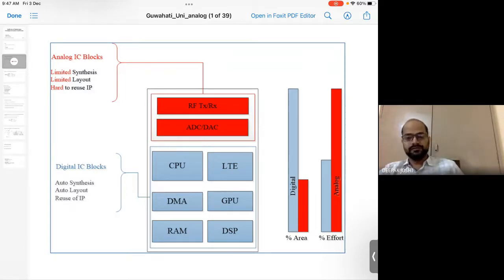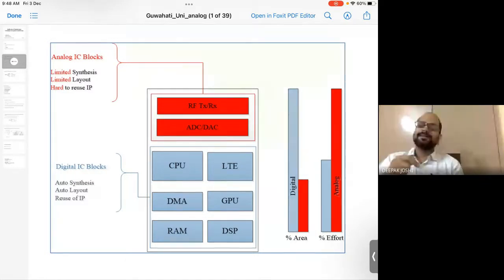So you can reuse those blocks. That is why, even if the digital circuitry is occupying a lot of area, the efforts are less, because you design that particular cell once and then reuse it. But it is not the case with analog circuits.